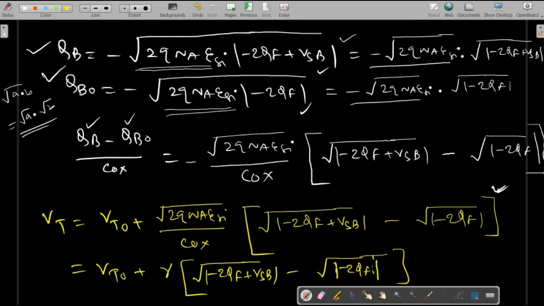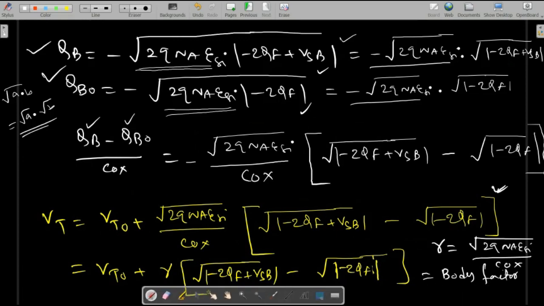This gamma is nothing but this constant. So gamma, the root of 2QNA epsilon SI by COX, is called the body factor or body coefficient.